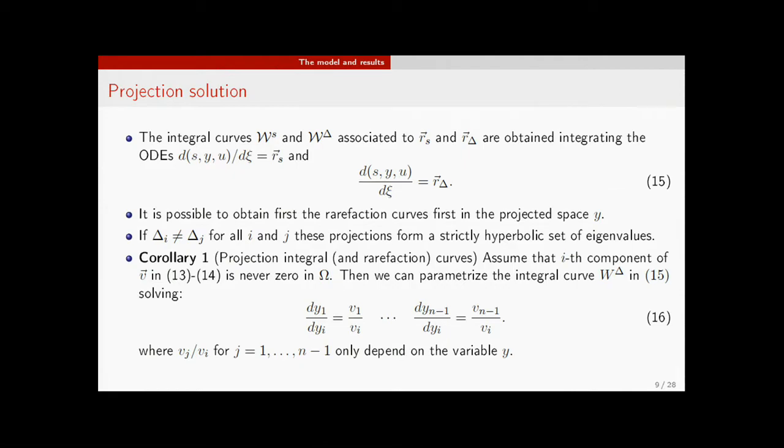Now the integral curves are obtained from the integration of the eigenvectors, in this case for the Buckley-Leverett wave, and in this case for the chemical wave. The first is easy to obtain because it's an integration, and we have the Buckley-Leverett rarefactions. But studying the structure of the system, it's possible to obtain the rarefaction only in the projected space of the chemical variables.